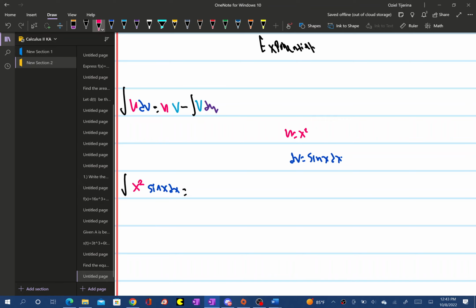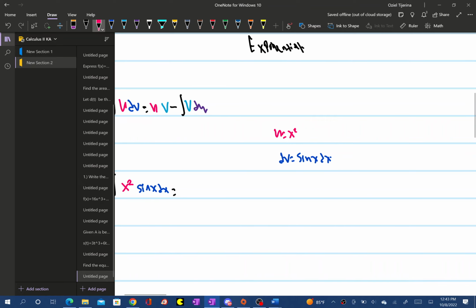That would mean that du is going to be 2x dx, and v is going to be the integral of sine x, which would be negative cosine x.